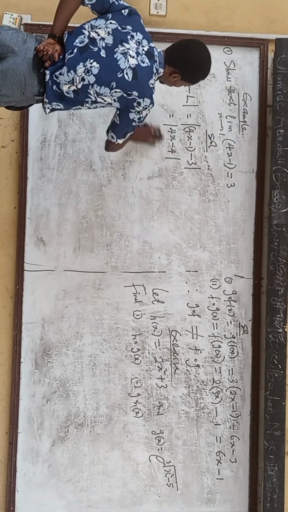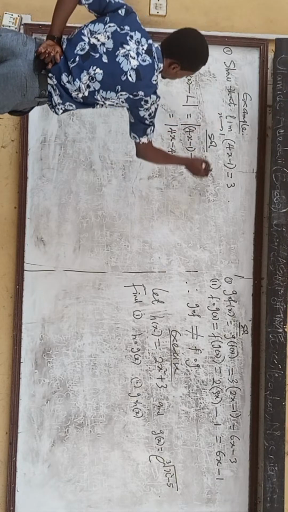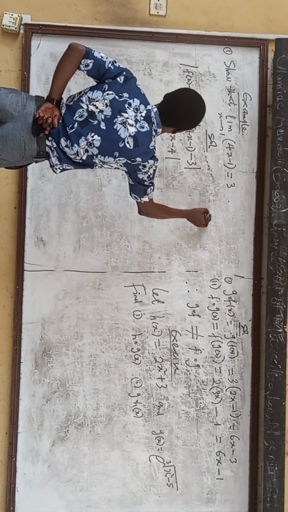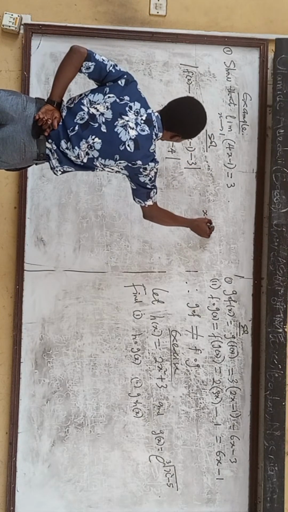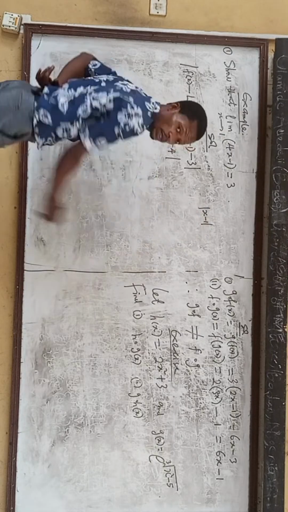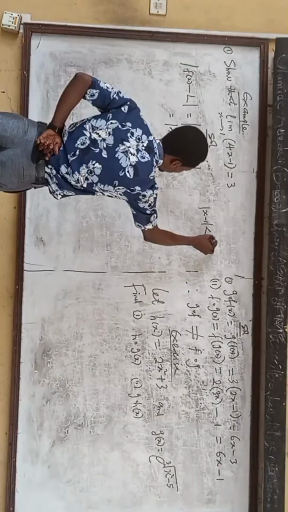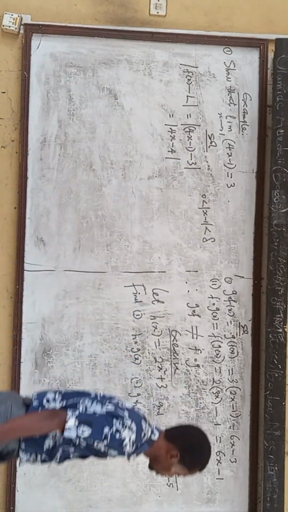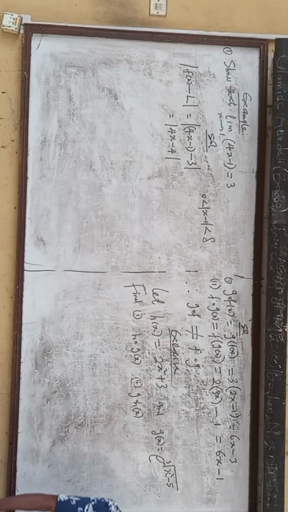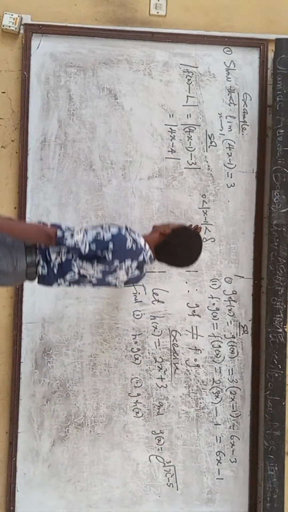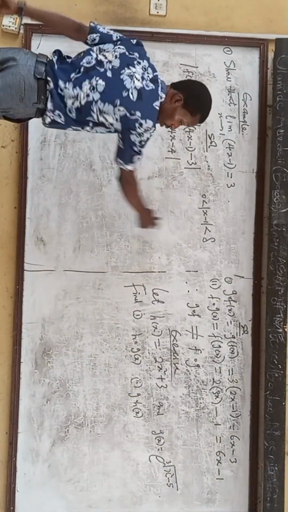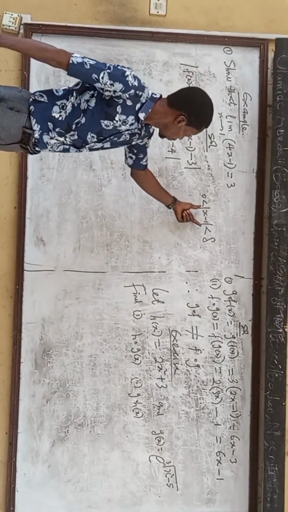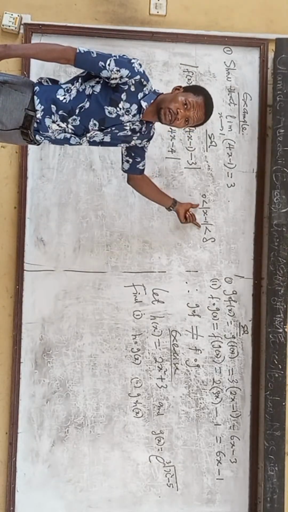But this means that x minus 1, that is our x minus a, and delta, by definition. Are we okay? By this definition, that's what we have. The modulus of x minus 1 is less than delta, so that whenever we have x minus 1, we can take it as delta.